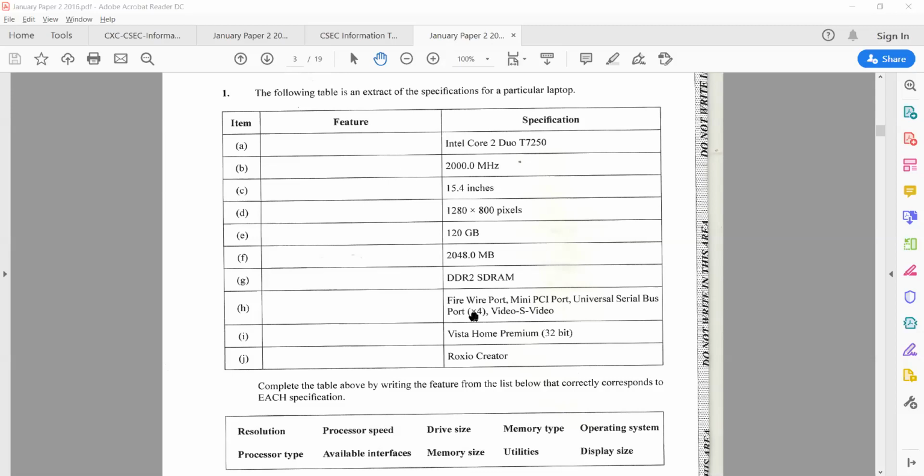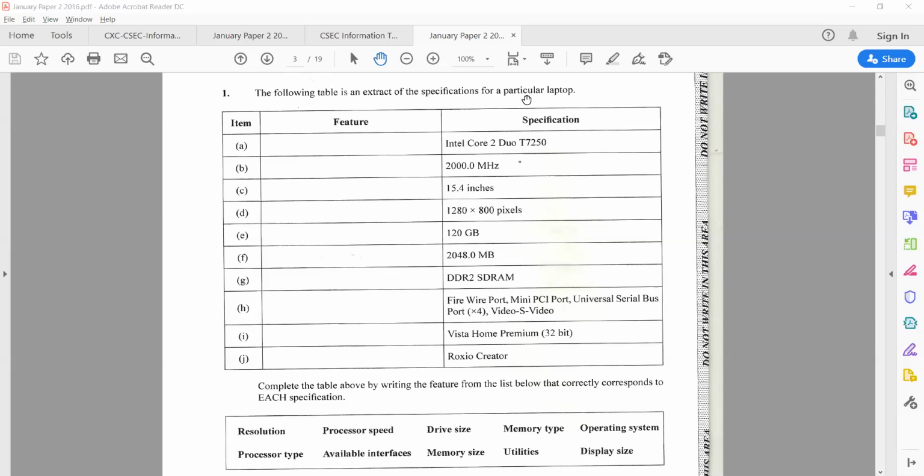What about Firewire port, mini PCI port, USB? That's the available interfaces. So that's the interfaces on your laptop or computer that could accept connections.